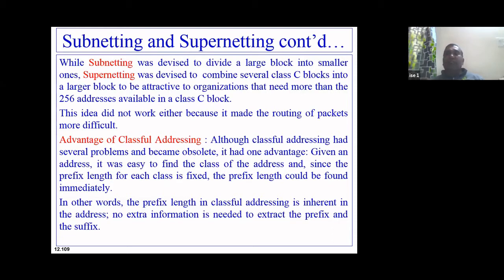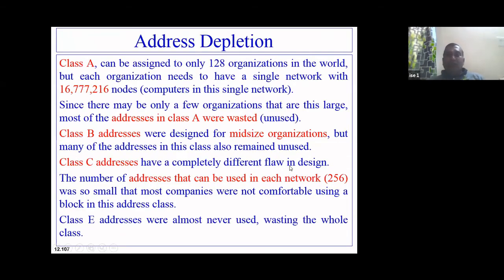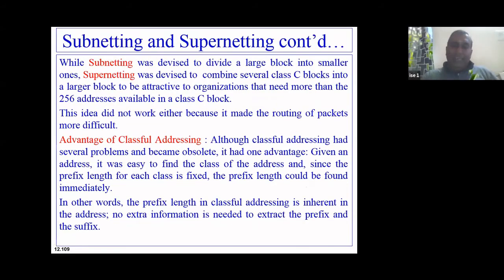If the address starts with 110, it is class C. If it starts with 1110, it is class D. And if the address starts with four ones, it is class E. So the only advantage was that I could easily understand whether the address belongs to A class, B class or C class.